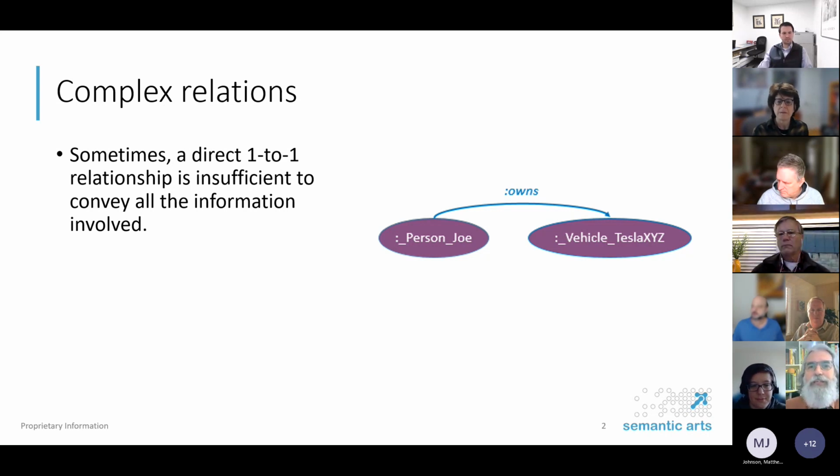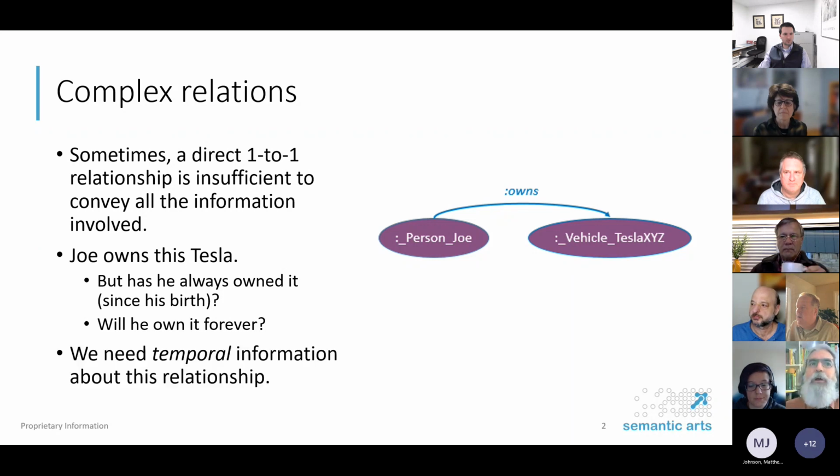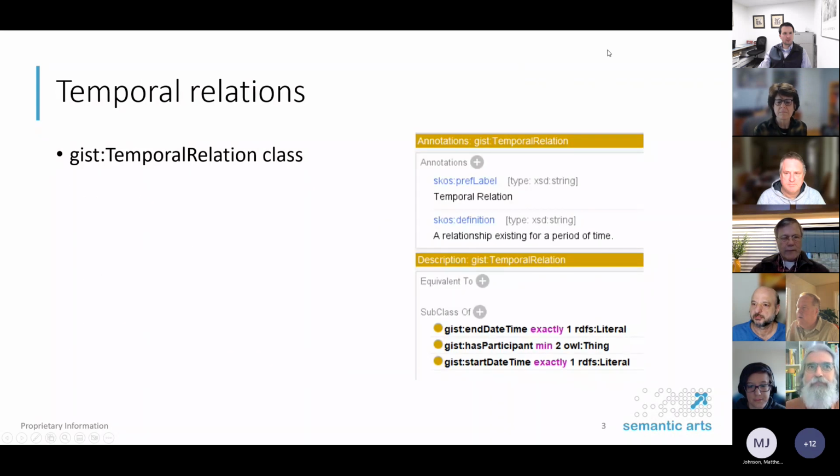But that relationship, when you put it into RDF, is not really sufficient to convey everything you need to know here. So in our example, on the right, Joe owns this Tesla, but has he always owned it? Since he was born, will he own it forever? There's just some missing information here. We need the temporal information about this relationship.